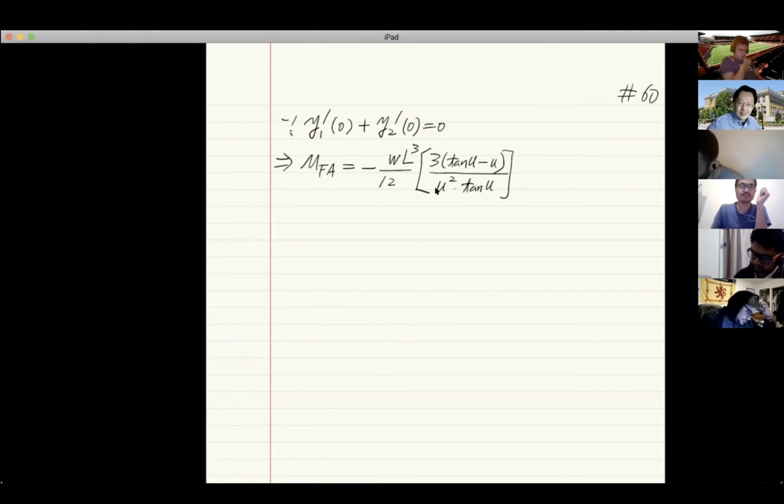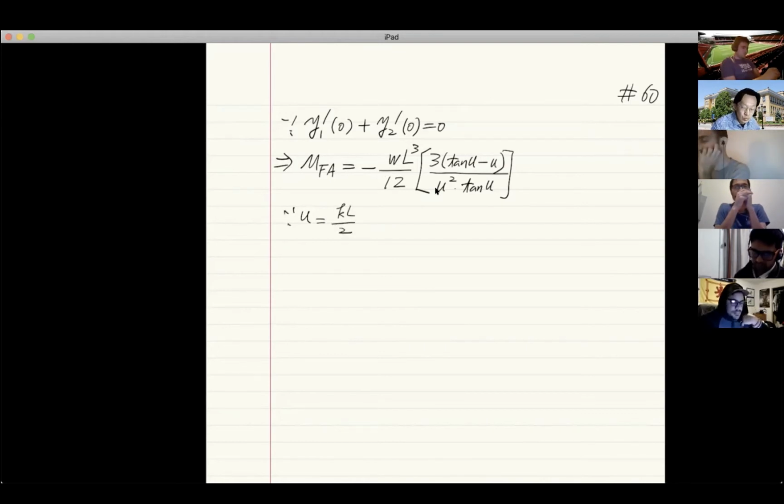So what is this end moment? Please do not mistake this end moment as just the end moment in the structural analysis, because that's not the case. In here, you recognize that there's U's participation, right? And because U is KL over 2, and K is the square root of P over EI, if U is K dependent, K is P dependent.